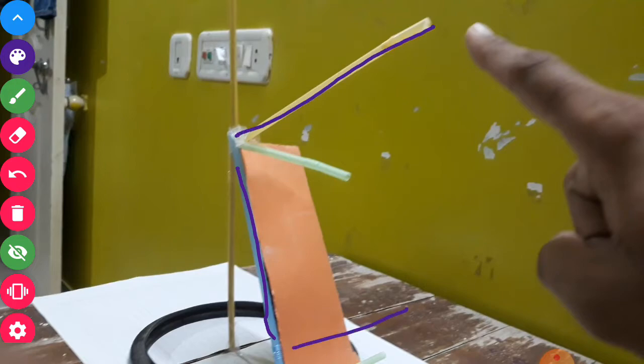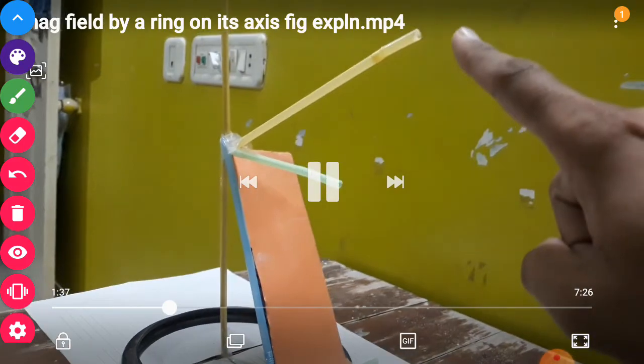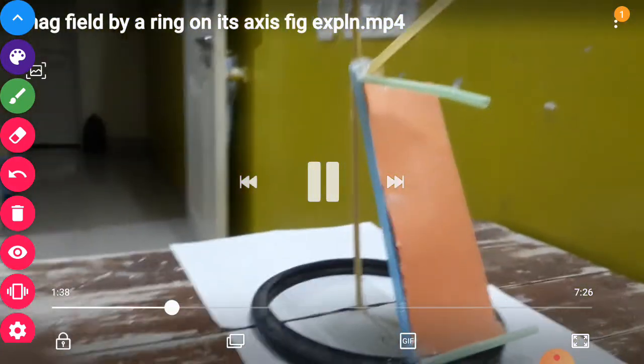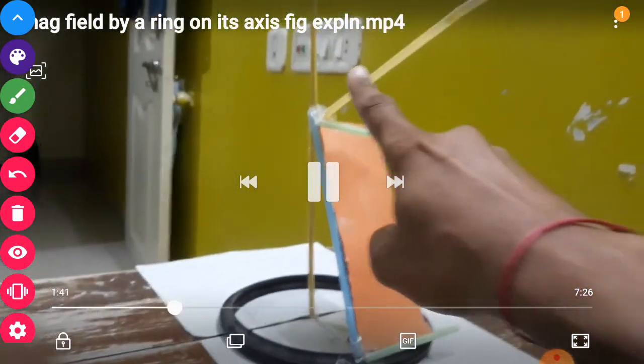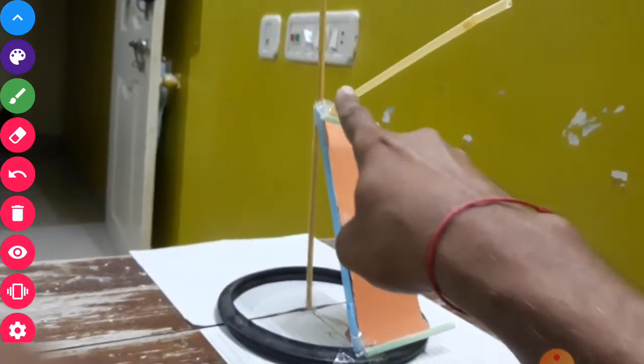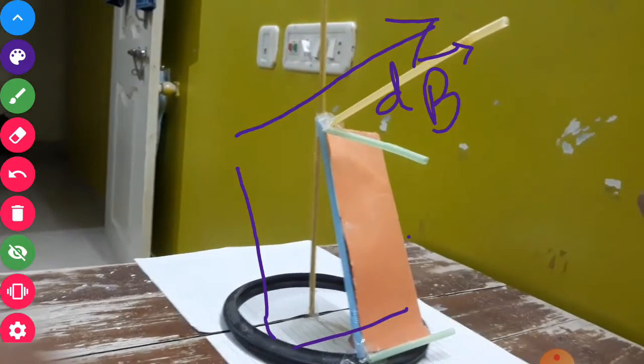This yellow color shows the direction of dB, that is the magnetic field. So this is very clear. Now we move further. So the dB vector is showing you the direction of the magnetic field produced by this current element dl.